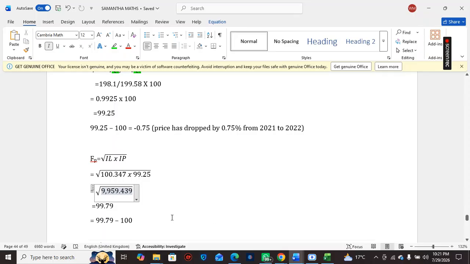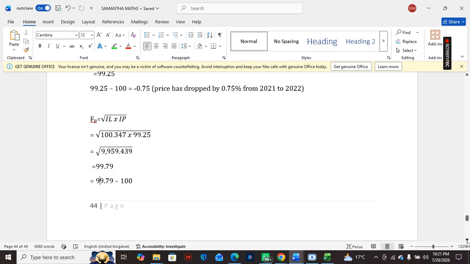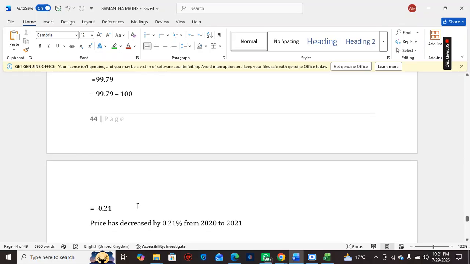Okay, 99.79. This is our index number. So 99.79 minus 100, we get negative 0.21, which tells us price has decreased by 0.21% from 2021 to 2022.